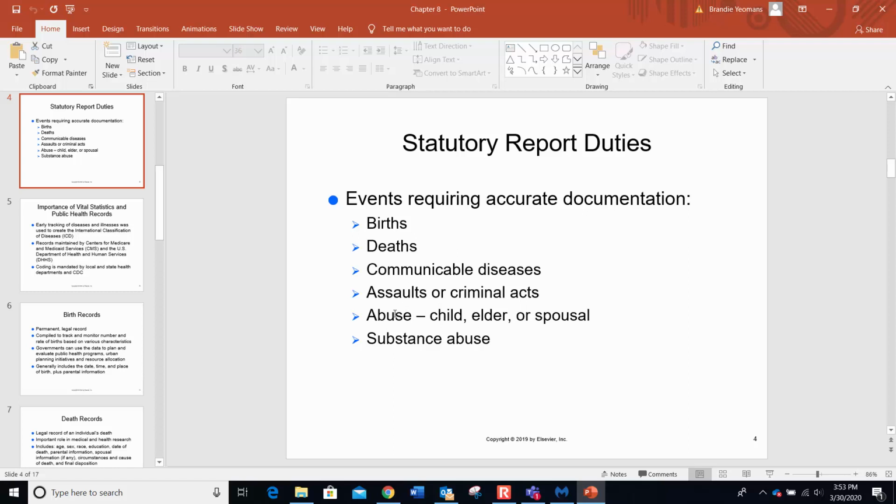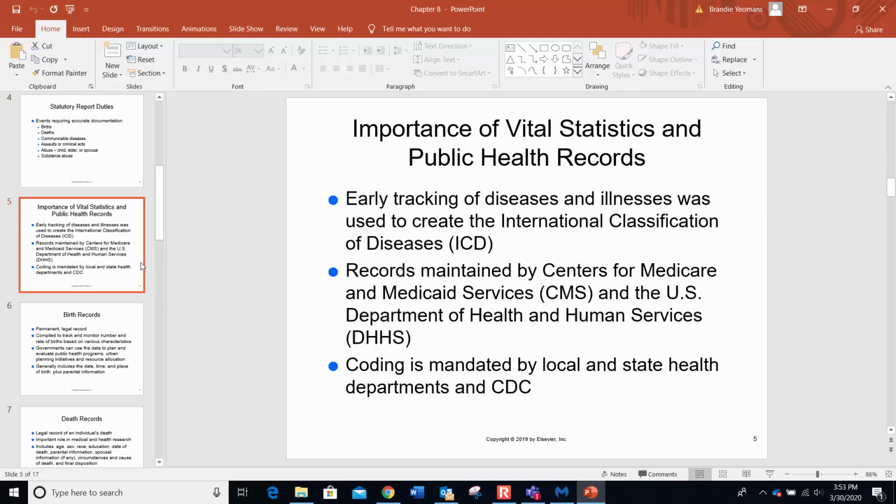So as healthcare workers, it is our responsibility to report this vital information so that we can keep up with the statistics on a national, state, and local level to see how we need to help and better assist our patients.